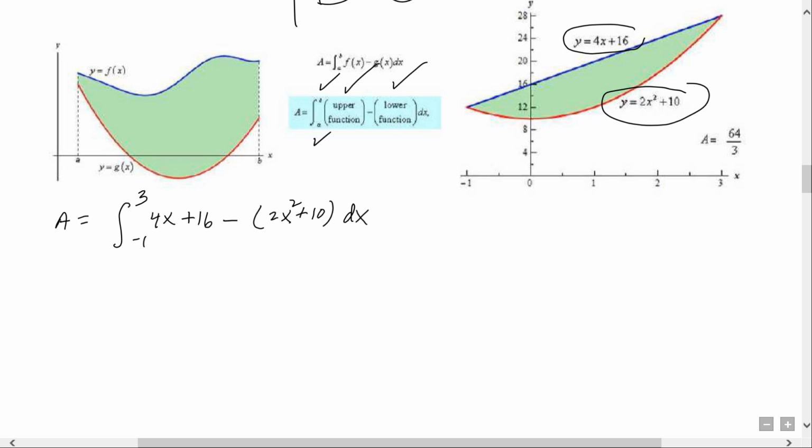Simplifying this, it's the integral from minus 1 to 3 of 4x plus 6 minus 2x squared.